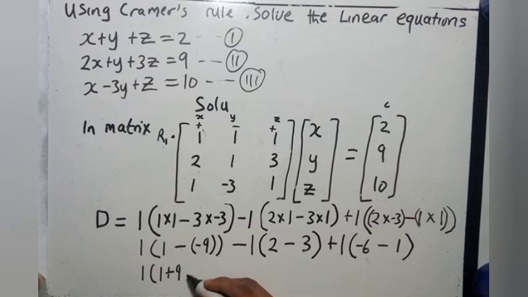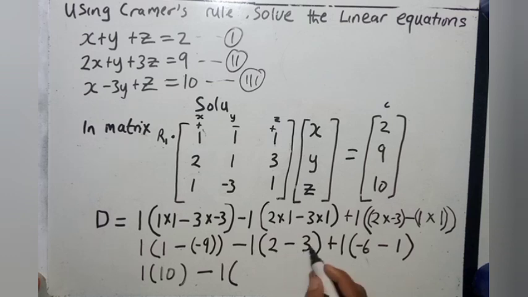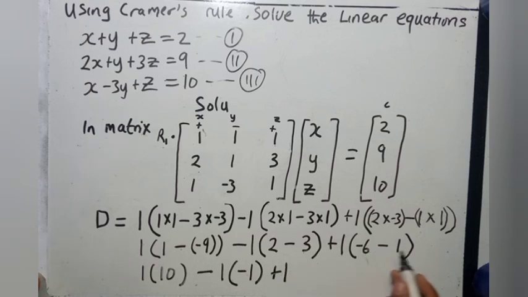Minus times minus will give us plus. And 1 plus 9 is what? 10. Minus 1. 2 minus 3 is what? Minus 1. And plus 1. Minus 6 minus 1 will give us minus 7.